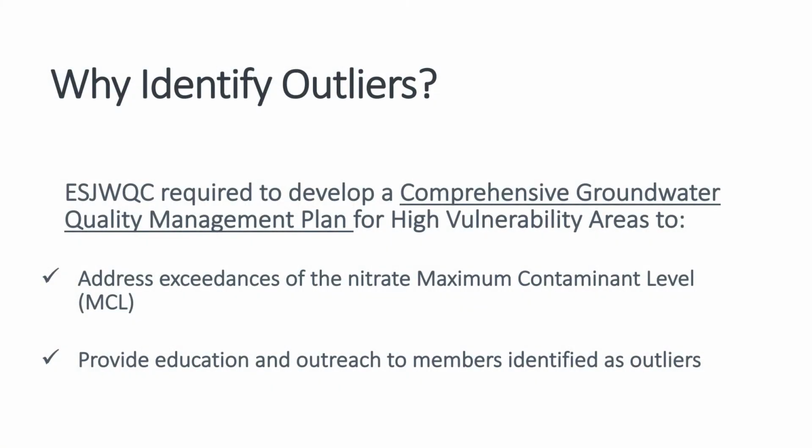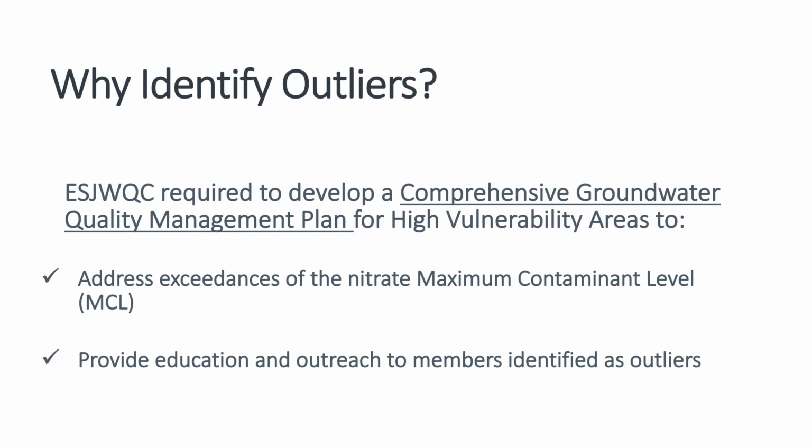And of course, what happens when there's excess applications, it may cause or contribute to exceedances of nitrate contamination in the groundwater. So if there's excess applications, it can contribute to contamination in the aquifers that would be above the drinking water standard for nitrate.